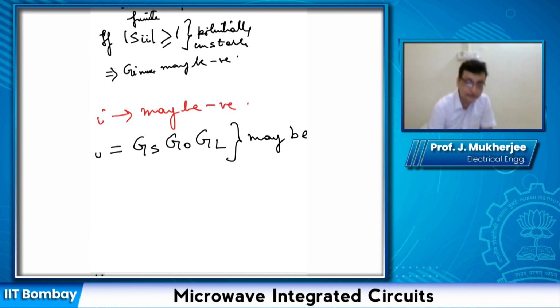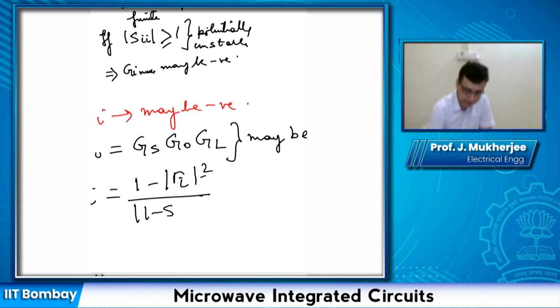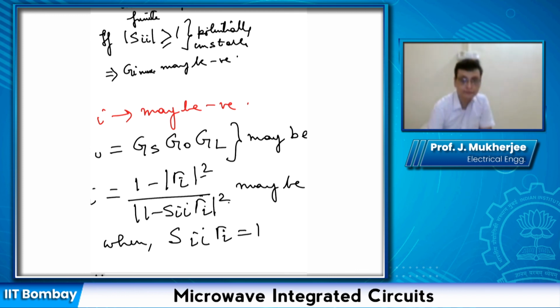And GI, which is given by 1 minus gamma I magnitude whole square upon 1 minus SII gamma I magnitude whole square, may be infinite when SII gamma I is equal to 1.